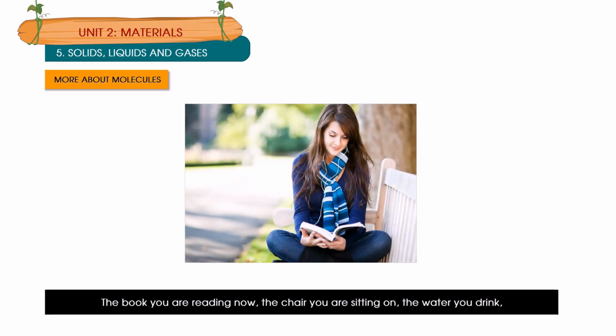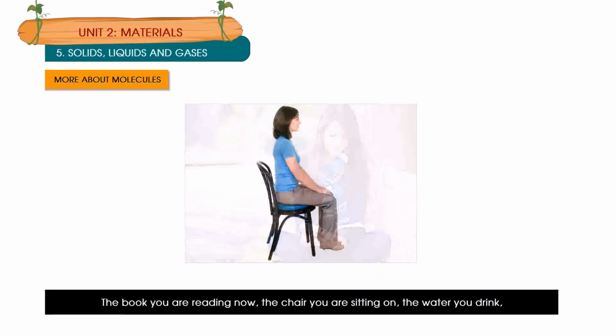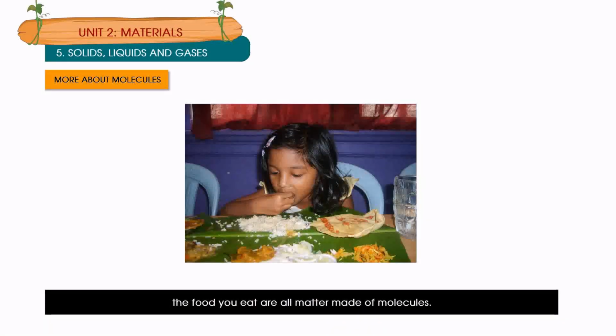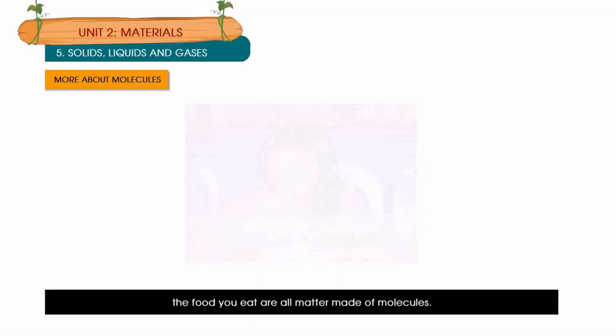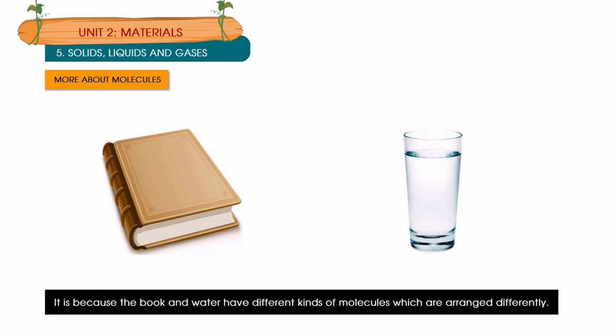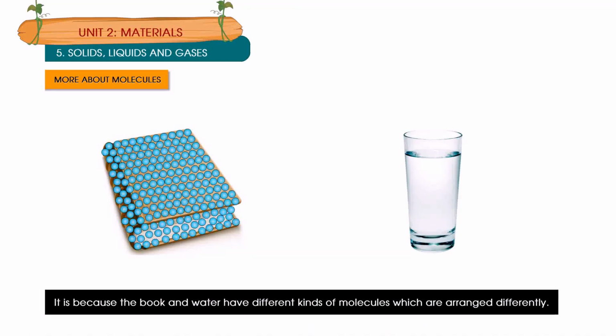The book you are reading now, the chair you are sitting on, the water you drink, the food you eat are all matter made of molecules. Then why is the book a solid and water a liquid? It is because the book and water have different kinds of molecules which are arranged differently.